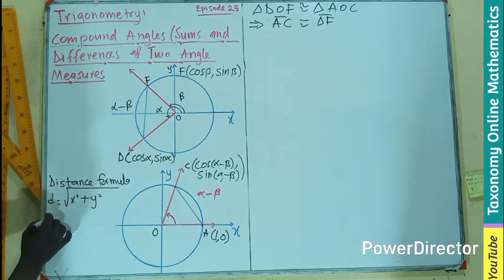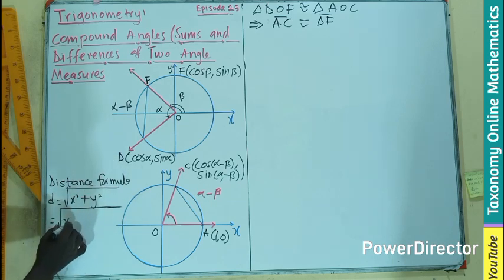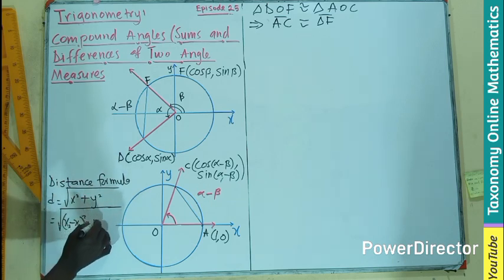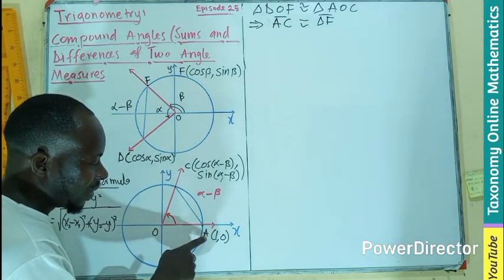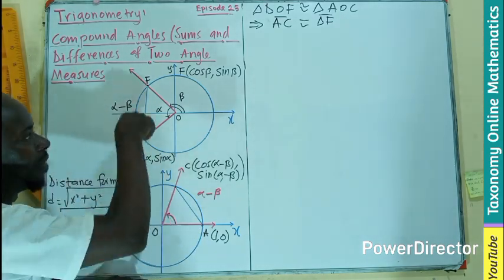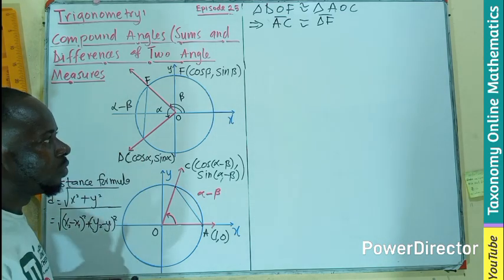But remember, we don't know the actual position between 2 points. That is what the distance formula is, meaning the distance between the 2 points AC and the distance between the 2 points DF. Finding it, we can use that.